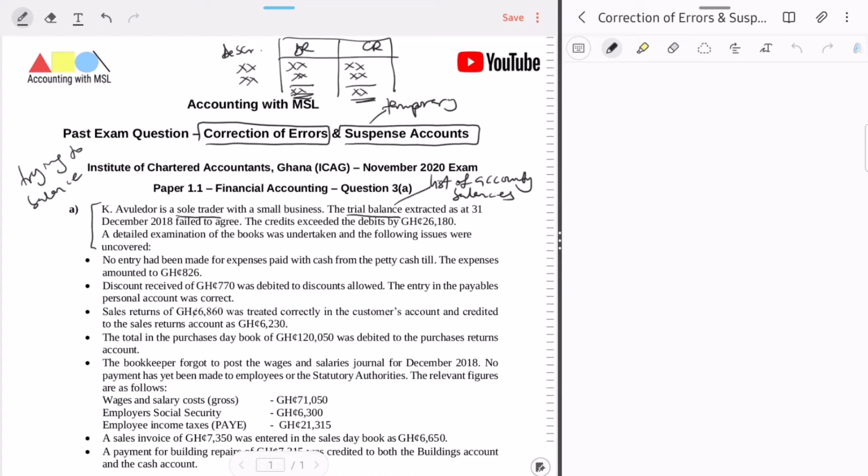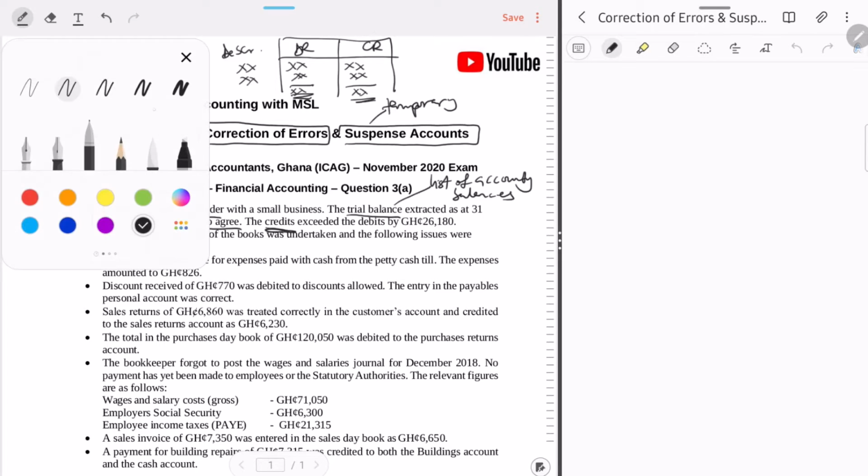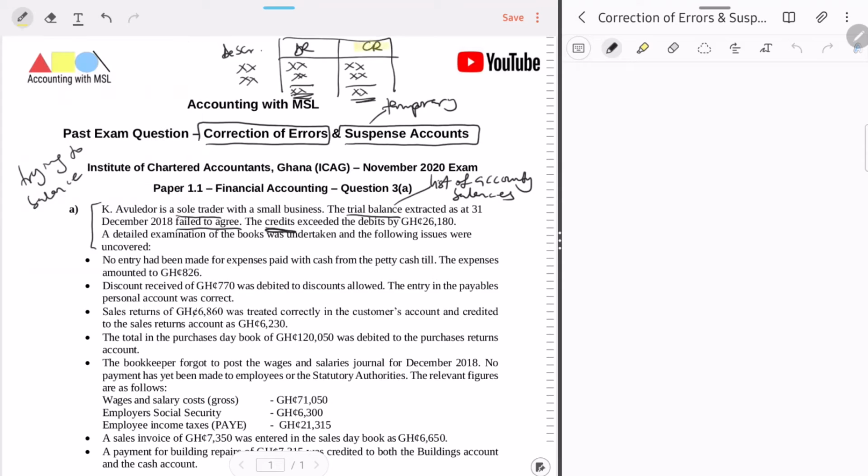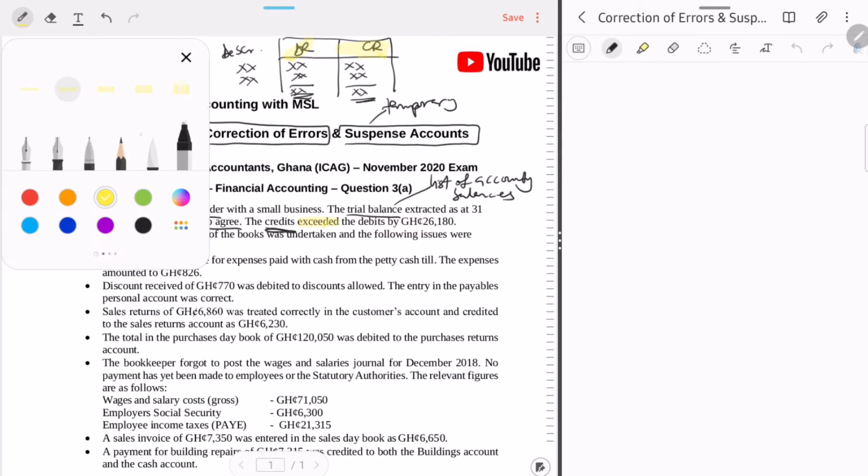So saying the trial balance extracted as at 31st December failed to agree means that when we did the list of balances, it was not in agreement. This clearly suggests that there were some errors committed in the bookkeeping process. Here they are saying the credits, which is the right-hand side, exceeded the debits by 26,180.